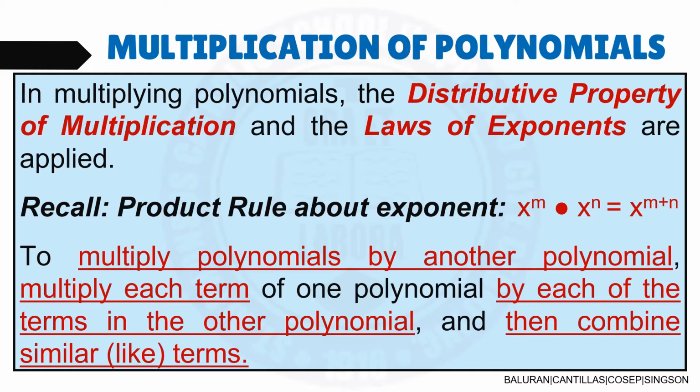And also, we have to use another rule wherein to multiply a polynomial by another polynomial, multiply each term of one polynomial by each of the terms in the other polynomial, and then combine similar or like terms.